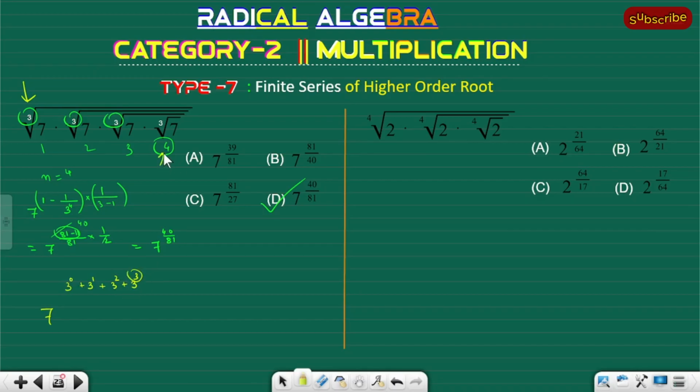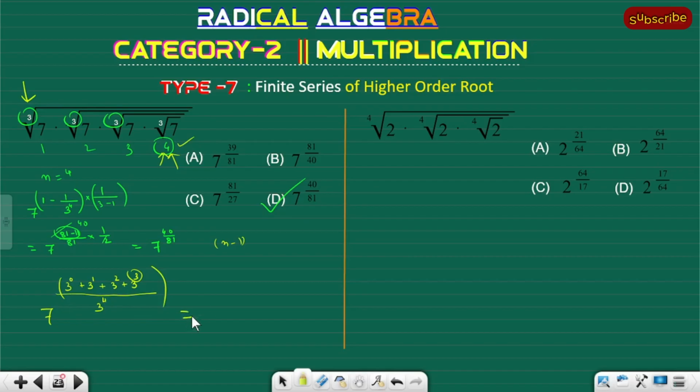The number of terms is 4, so in the numerator the power goes up to 1 less than the number of terms, and in the denominator the power is the total number of terms, that is 3 raised to the power 4.